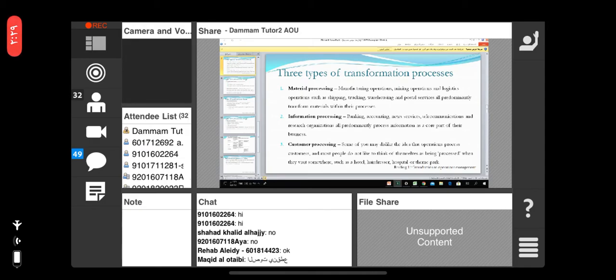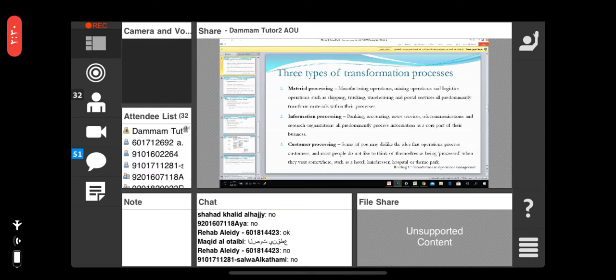Can you help a customer without his attendance in the barber shop? Or can you help the patient, okay, without his attendance in the hospital? No, you cannot. What does it mean? It means the customer is sometimes part of the transformational process.